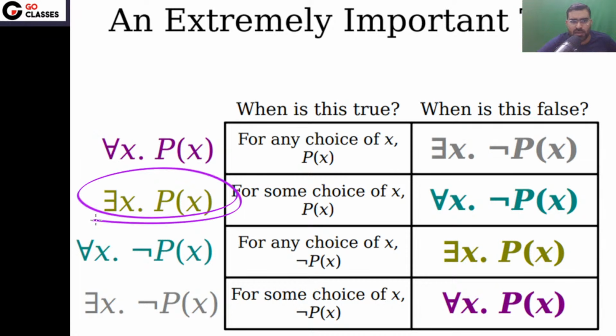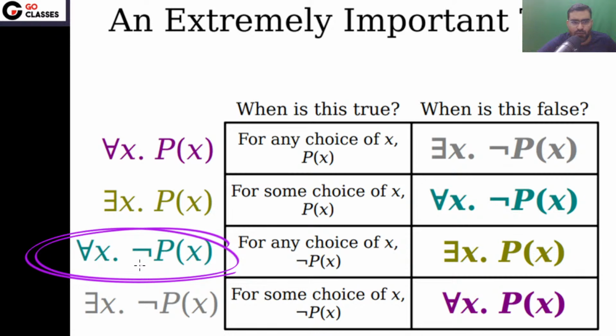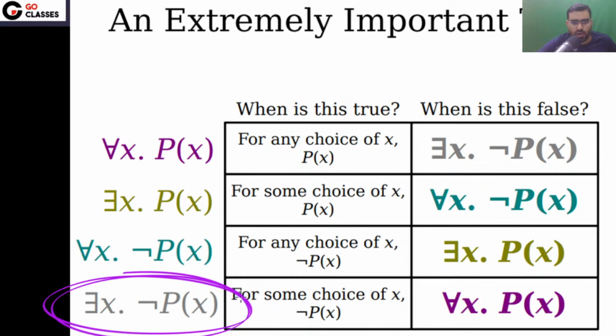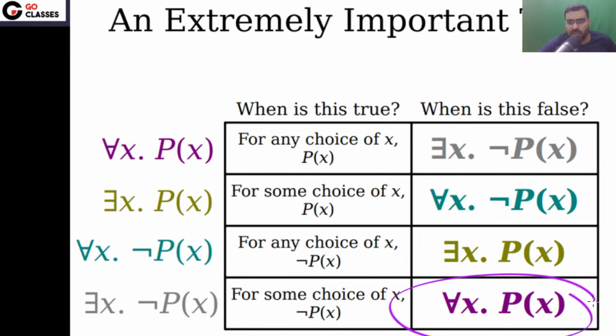Similarly, this will be false if for everyone P is false. Similarly, this will be false if for someone this is false, or I can say for someone P is true. Similarly, this will be false if for everyone this is false, meaning for everyone P is true.